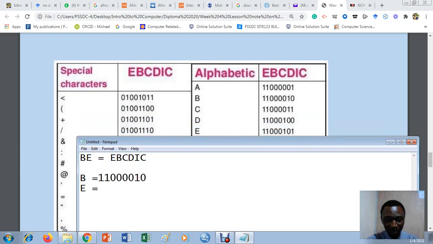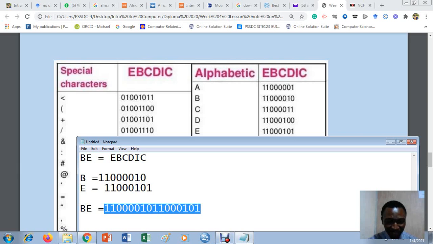E is 1 1 0 0 0 1 0 1. So if I'm asking you what is BE, it's simple. It's just to give me the addition of these. I've copied it, I've pasted it, and that's the addition of this. So what the system is actually going to understand is this one and not this.